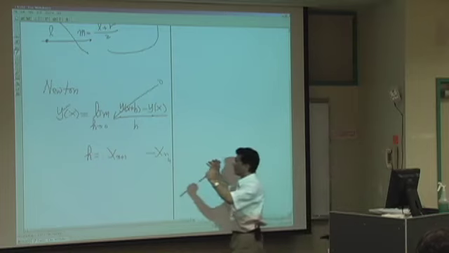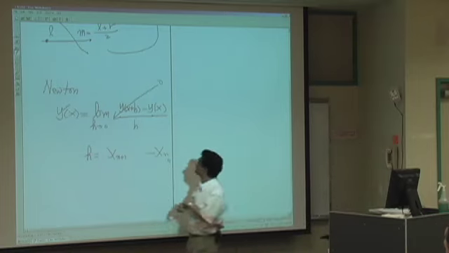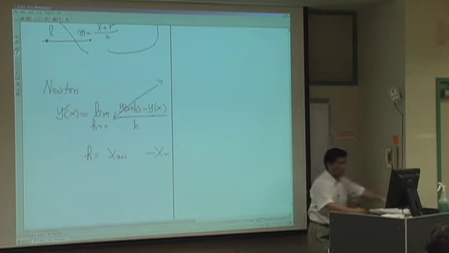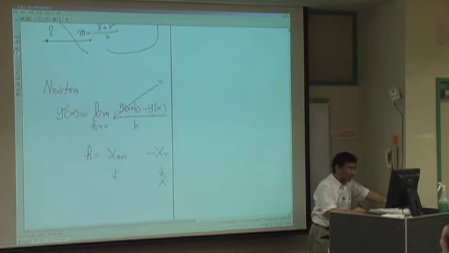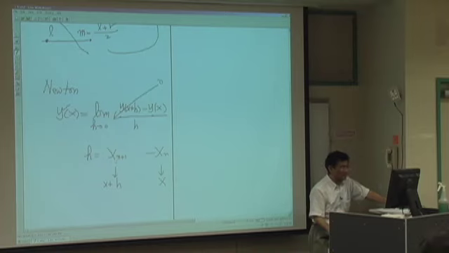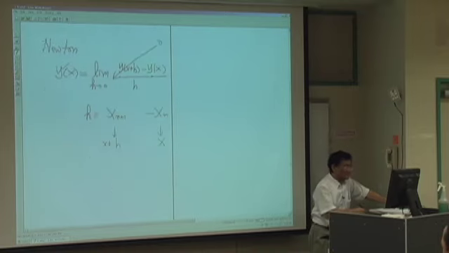So we have two different points, and I will replace x by xn, and x plus h by x n plus 1. Then y prime of xn equals the limit as x n plus 1 goes to xn, or vice versa, right?